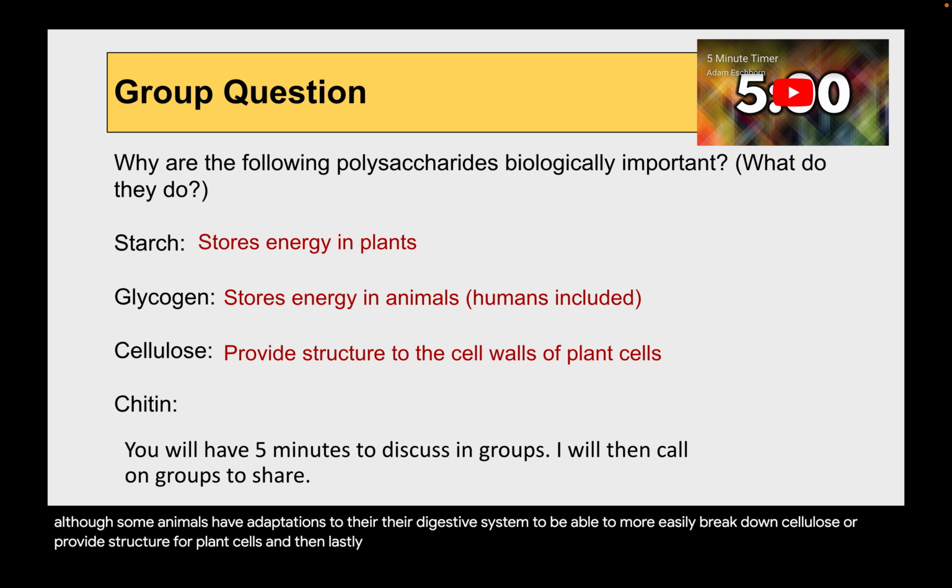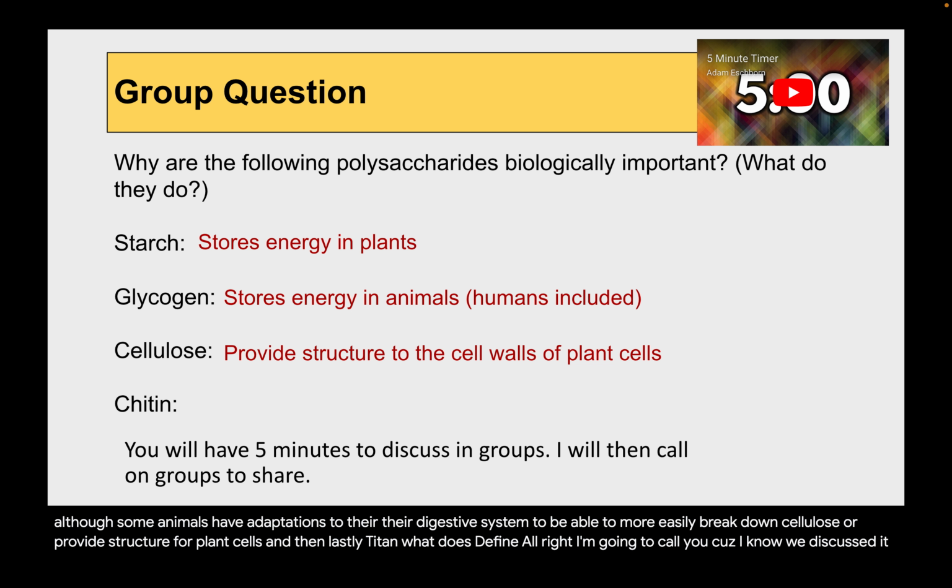And then lastly, chitin. What does chitin do? Anyone on this side of the room want to answer? All right, I'm going to call on you because I know we discussed it.